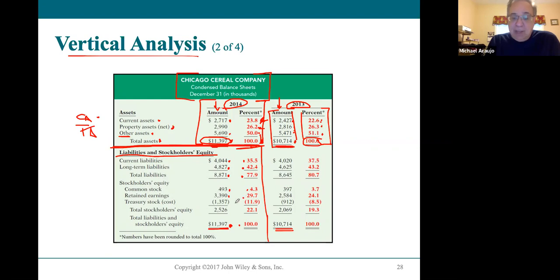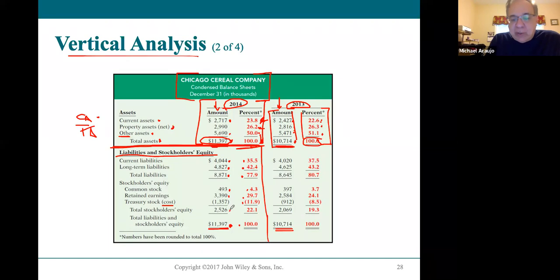Now here, remember, treasury stock is at cost. It's a negative number, so don't forget the negative sign. So negative 1,357 divided by a positive 11,397 means that your treasury stock was eating up 11.9% of your equity and liabilities in total. Okay.